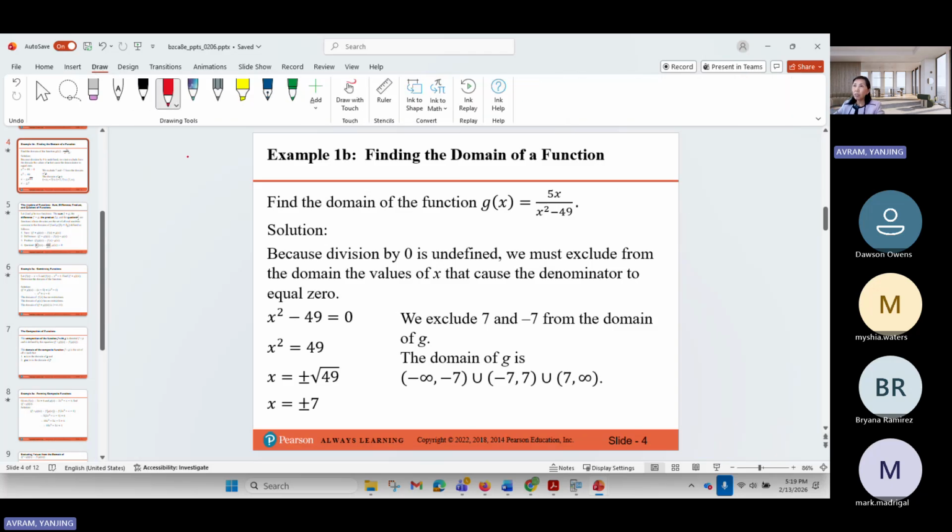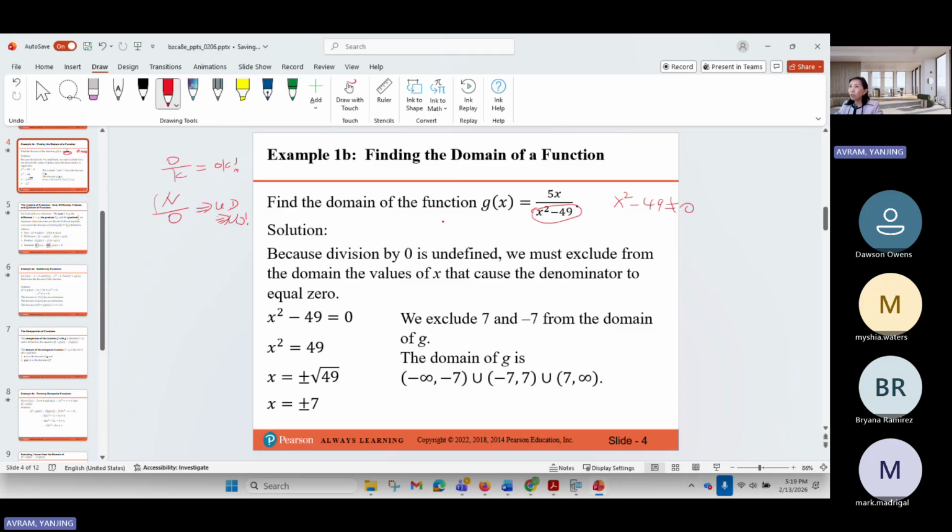And remember, I always say if 0 is divided by a number, that's okay. If a number is divided by 0, that's undefined. So when you have an x in a denominator here, the denominator cannot be equal to 0 because it will become undefined.